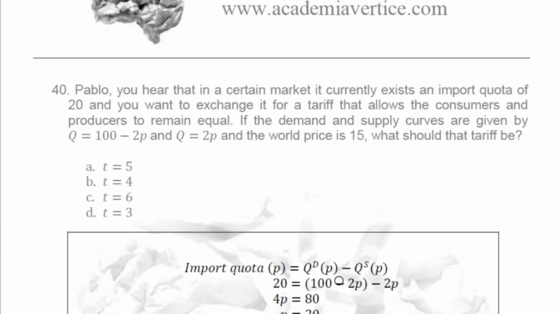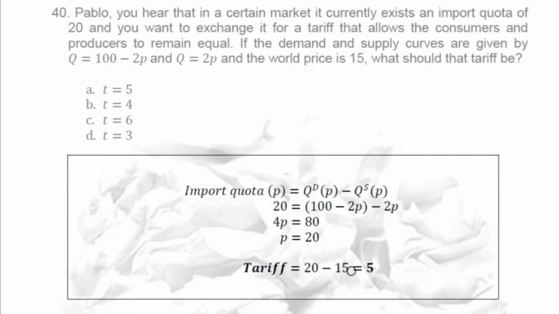So 100 minus 2p minus 2p is 100 minus 4p, 4p to the left, 20 to the right, then p is equal to 20. So with this import quota, the price currently is 20. It's 5 monetary units higher than the world price, so the tariff should be 5.